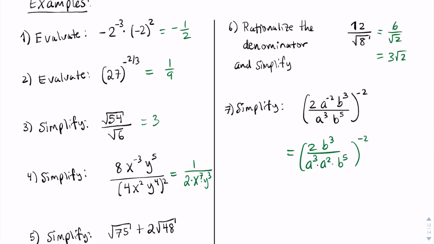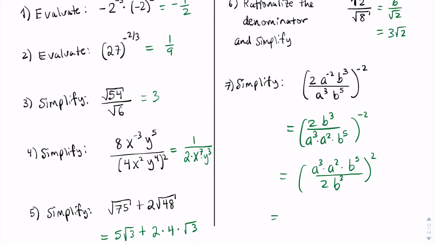The answer is a to the power of 10, b to the power of 4 over 4, but let me get there. This negative exponent will become positive if the denominator and the numerator change, like this: a to the third, a to the second, b to the fifth, divided by 2b to the third, and now the exponent out here will become positive 2. So the top became the bottom and the bottom became the top. Let's skip a little bit more here.